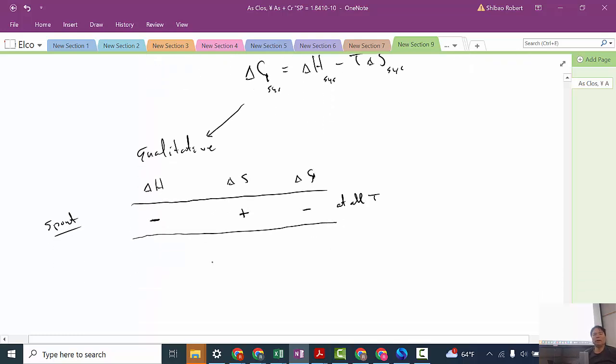However, if delta H is positive and delta S is negative, that is, this is always going to be positive, then delta G is positive at all temperatures. And so this would be non-spontaneous at all temperatures.